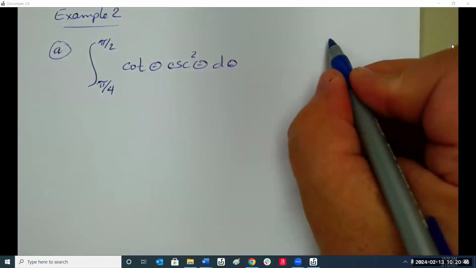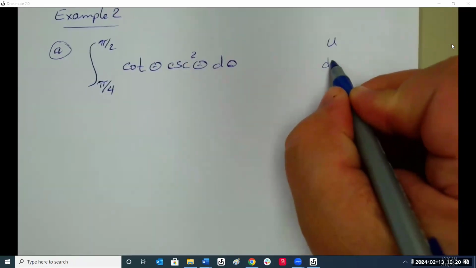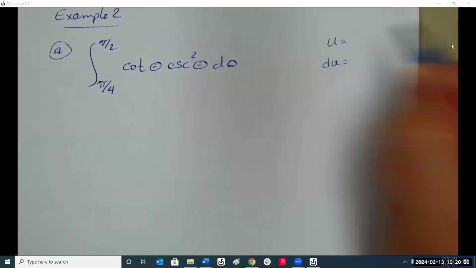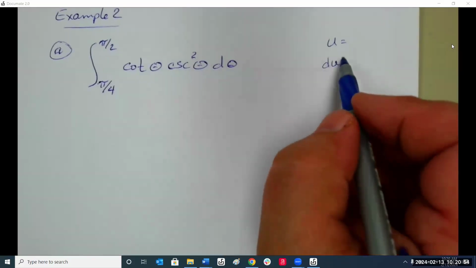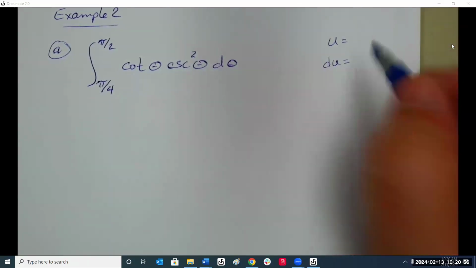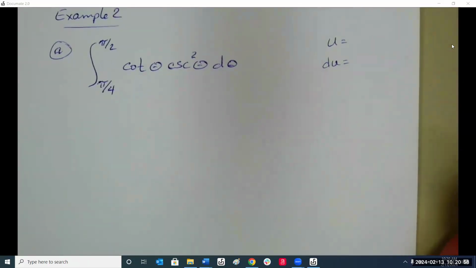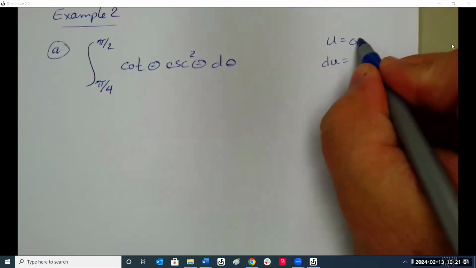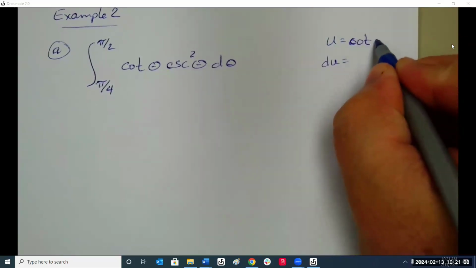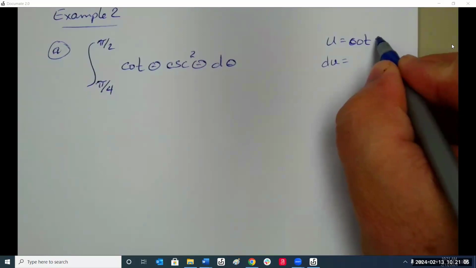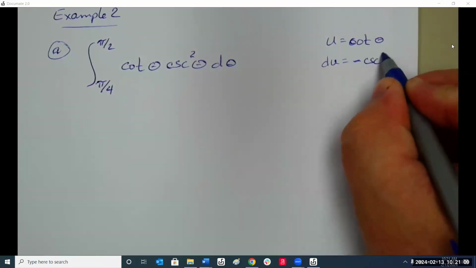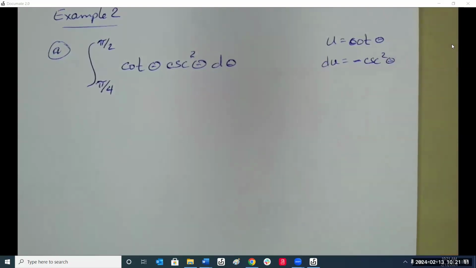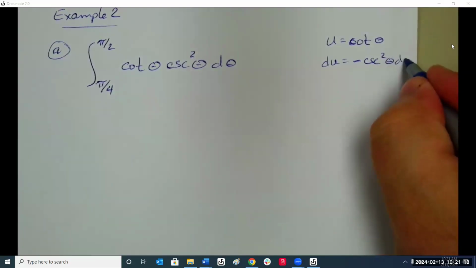Because we have to have a u and we have to have a du. The derivative of cotangent theta is negative cosecant squared theta d theta.